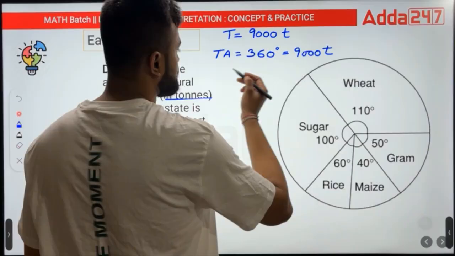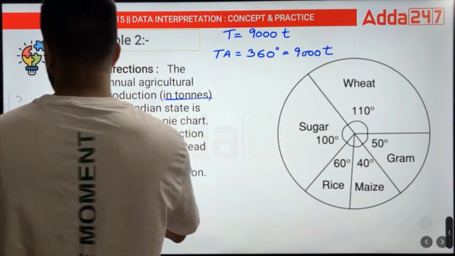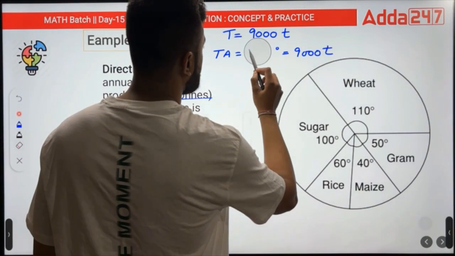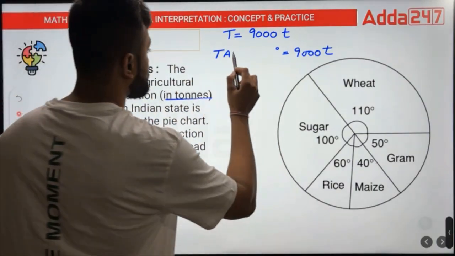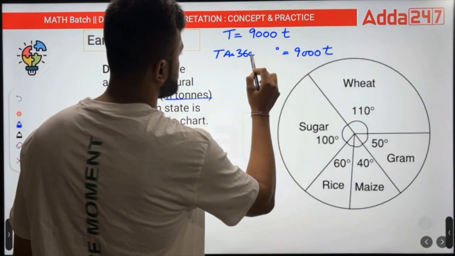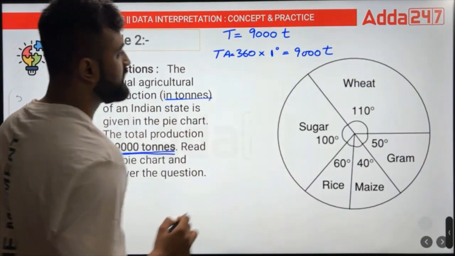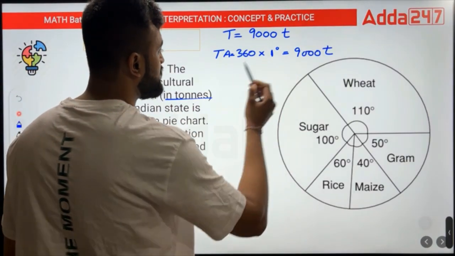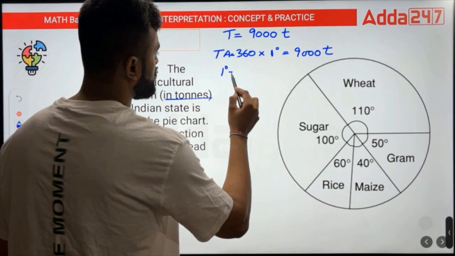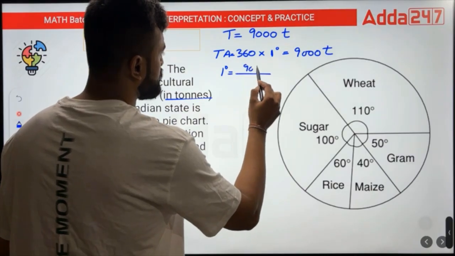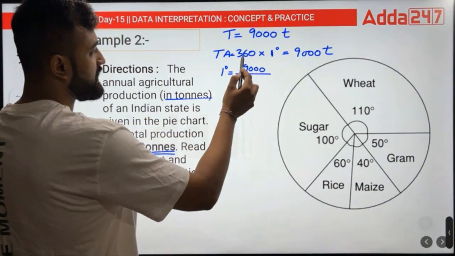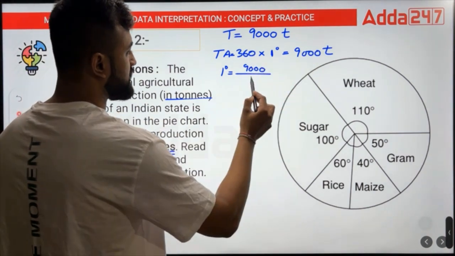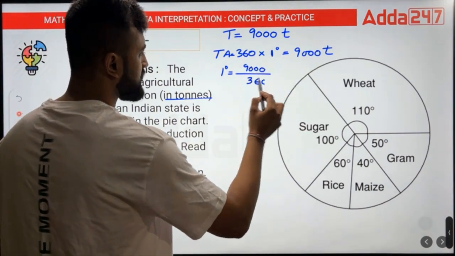360 degrees I can write as 360 into 1 degree. If I want to find the value of 1 degree, you take this 360 to the other side. So 1 degree would be 9,000 divided by 360, because when it goes to that side it becomes divide by 360.